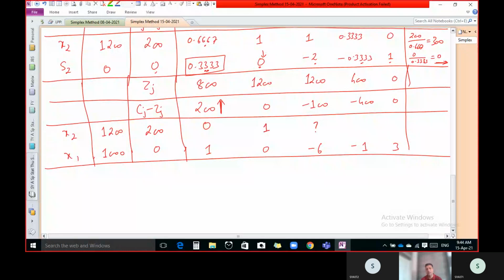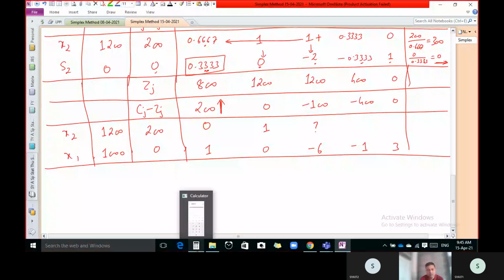Now for this. Now my old value is what? 1. 1 minus this and this. So this is minus, this is plus. So the multiplication of that is minus. So here we get minus minus plus. And what we have to do? 2 with 0.66666 and divide it by 0.33333.